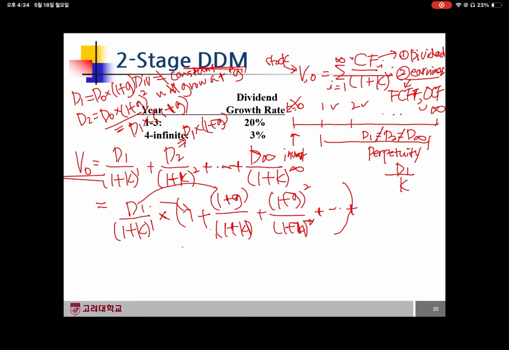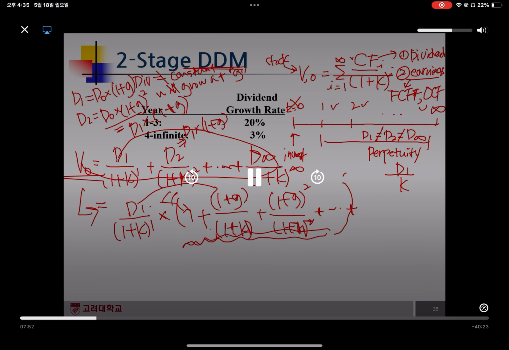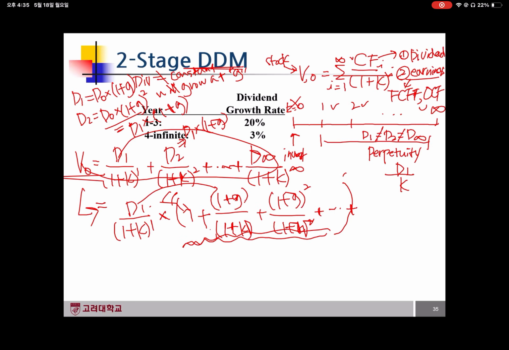If we look at these terms in the parentheses, what does it look like? Maybe you're aware of this: it is an infinite geometric series.